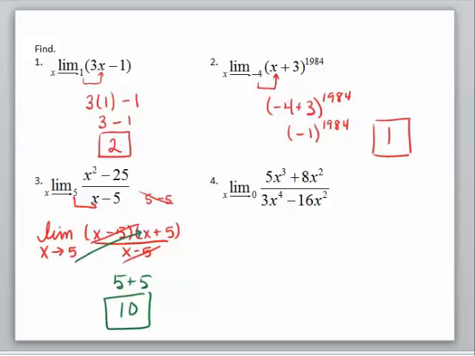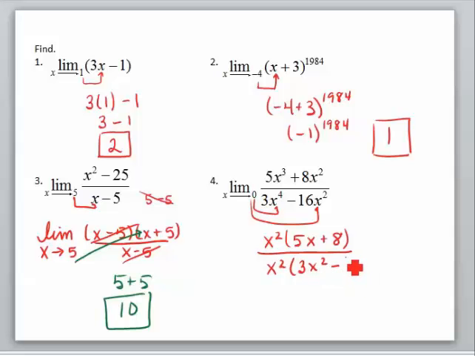Number 4, if I try direct substitution, I'm plugging zeros in, and I get 0 over 0, so that's not going to work out. I need to simplify. I'm going to look at factoring again. Factoring on the top, I could take out a greatest common factor of x squared, and I'd be left with 5x plus 8. On the bottom, I could take out an x squared, and I'd be left with 3x squared minus 16.